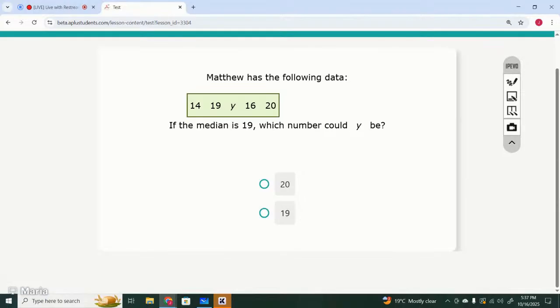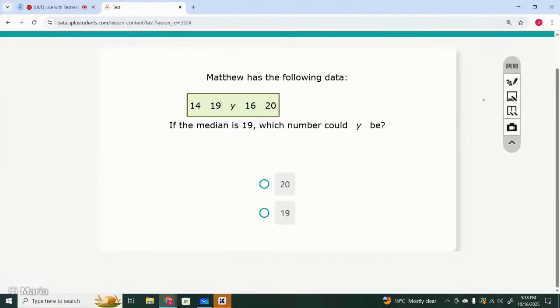Matthew has the following data. If the median is 19, which number could Y be?